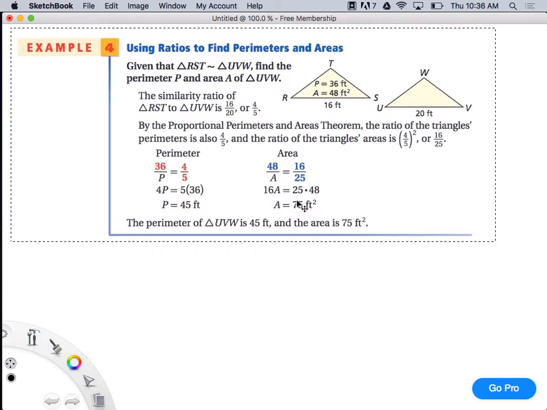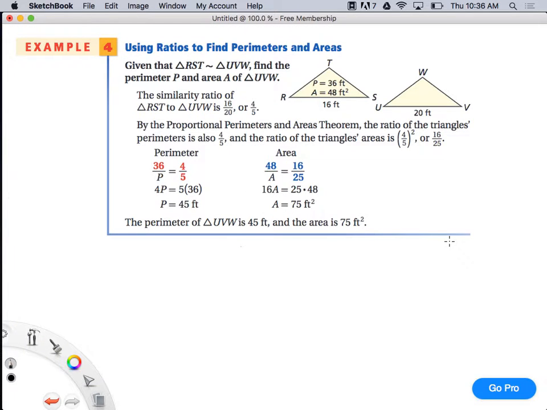Okay. So we're given these two triangles, right? So we see that this is 16 and this is 20, right? We want to find our similarity ratio of this one to this one. So how do we do it? Well, it's a little bit weird that they do it this way.